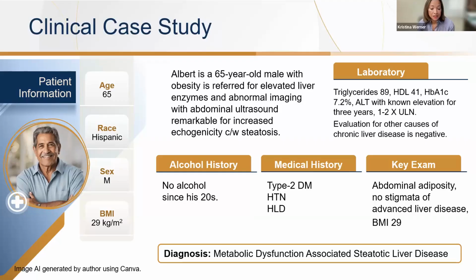On physical exam, patient has abdominal adiposity, no stigmata of advanced liver disease, and his BMI is 29.